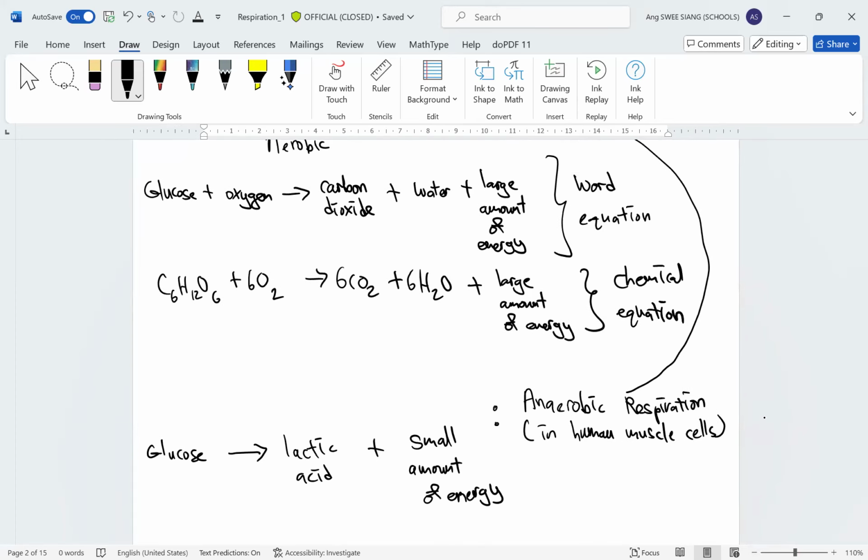Now that we know the equations for aerobic respiration and anaerobic respiration, can someone tell me what are the differences and similarities between them? I give you some time. Look at these two word equations again. I repeat my question: can you identify one similarity and at least one difference?